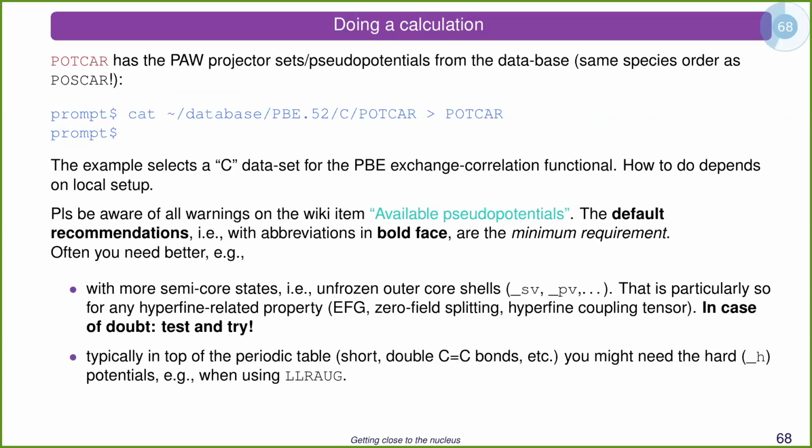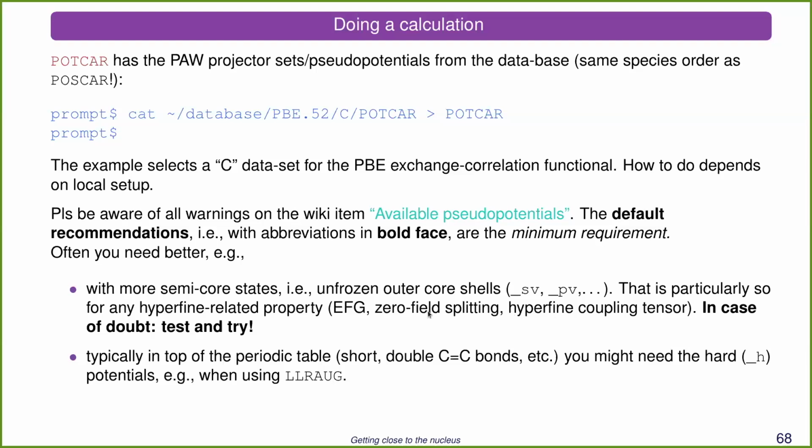We continue with POTCAR. That's the potential. How you get that depends on how you access the database. In the example here, it's just carbon with the PBE. But be careful to have at least the minimum required by the recommendations, the bold one in the available list. Often that might not be enough, for example if you look at something with the field gradient, hyperfine, or zero field splitting.